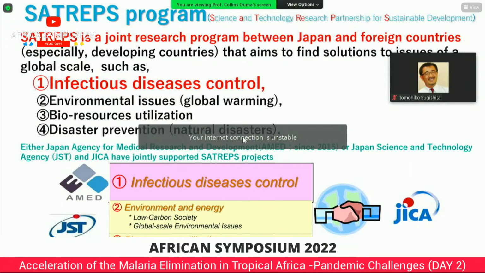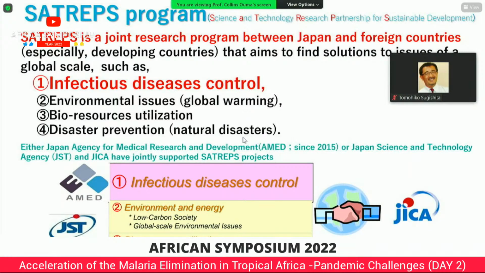One is the control of infectious diseases, the second is response to environment problems such as global warming, the third is the utilization of biological resources, and the fourth is the control of natural disasters. Among them, AMED and JICA jointly provide a research fund for the study of infectious diseases. AMED provides a research fund to the Japan side, and JICA provides a fund to the partner country to carry out research.